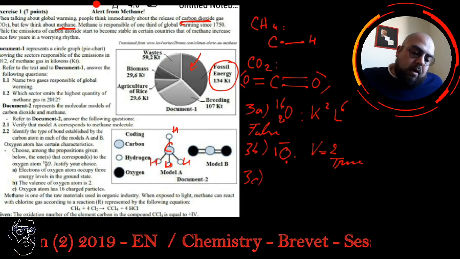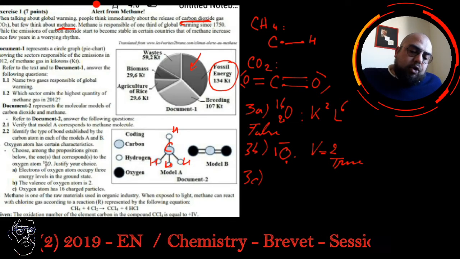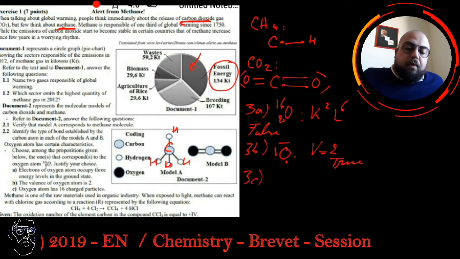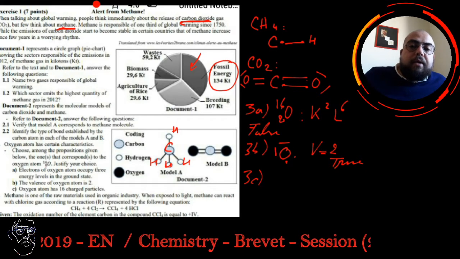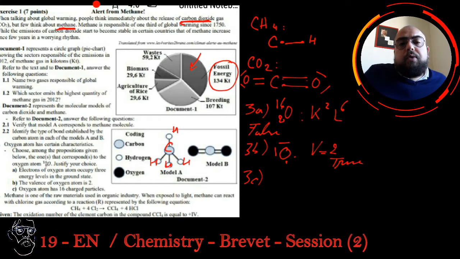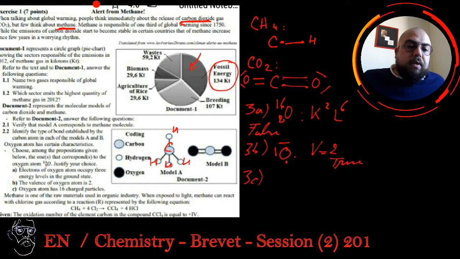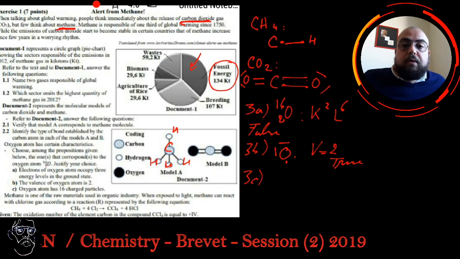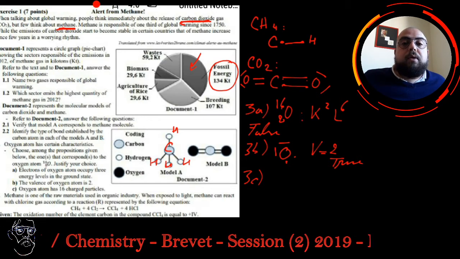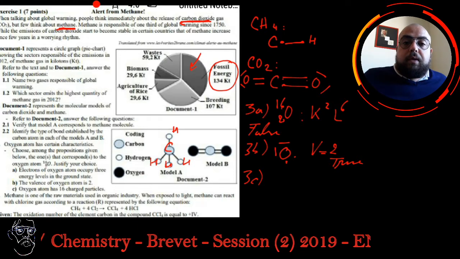3c: the oxygen atom has 16 charged particles. It's true. The atom is formed by electrons, neutrons, and protons. Neutrons do not have any charge. So we are interested in the particles which are charged, protons and electrons.